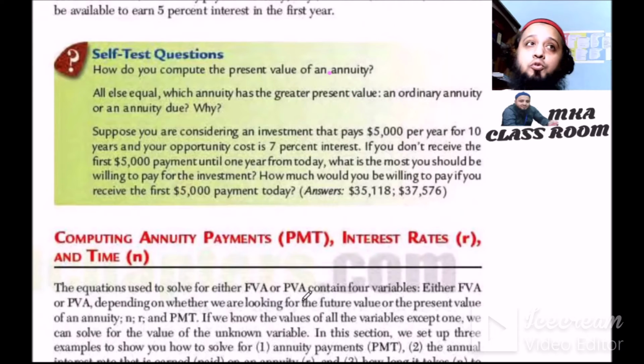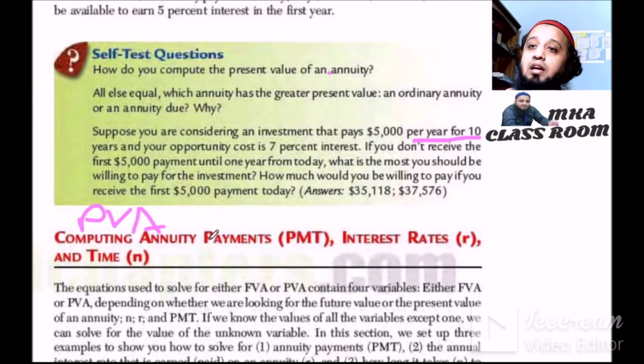That means you have to purchase that investment today. Then how much would you be willing to pay for this investment today? That is the present value of an annuity, because per year for 10 years you are receiving 5,000 taka.